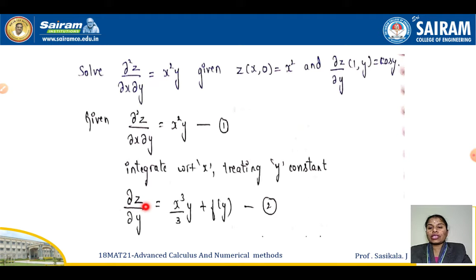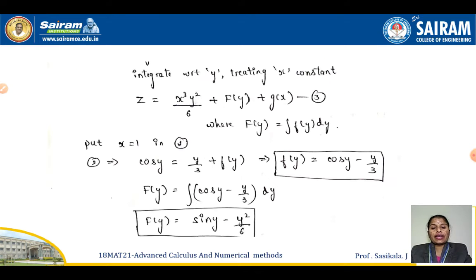When we integrate, we get ∂z/∂y, because the ∂x gets cancelled. On the right side, x² is the variable, so we get x³/3 into y, using the x power n formula, plus the constant, f(y). Since y is a constant here, I have added f(y).